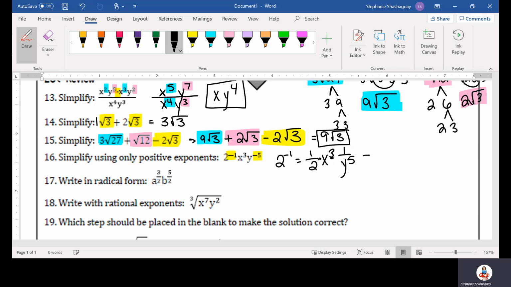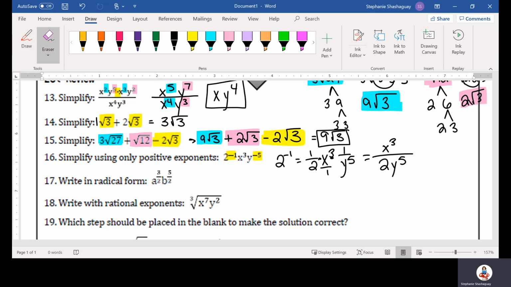So now we have to make that just a little bit simpler. This is really over 1, so we can write this as x cubed divided by 2y to the 5th. Let me write that a little bit better. We had 1/2, because 2 to the negative 1 is 1/2.